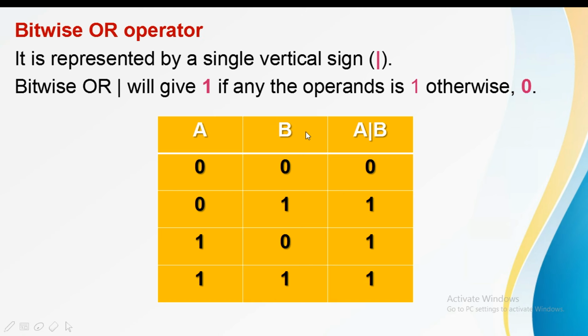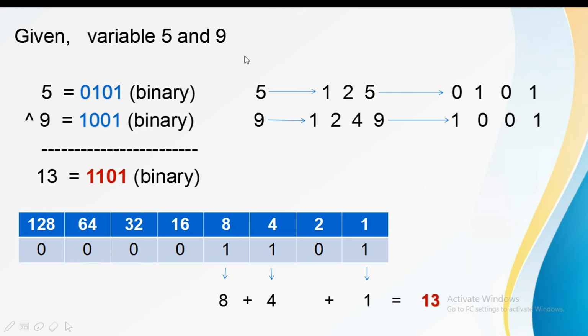Kwa hivyo A and B, operand kuna operand ya kwanza A na ya pili B. 0 and 0 becomes 0, 0 and 1 becomes 1, 1 and 0 becomes 1, then 1 and 1 becomes 1. So it will only be 0 if both the operands are 0. Ndio answer ni 0. So we have the same variables 5 and 9.